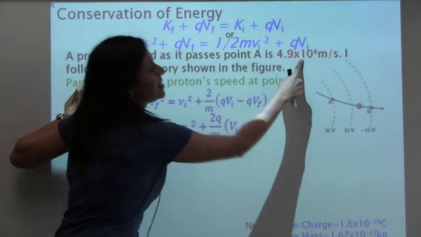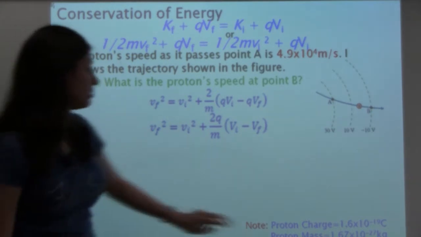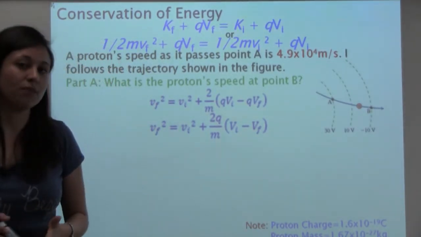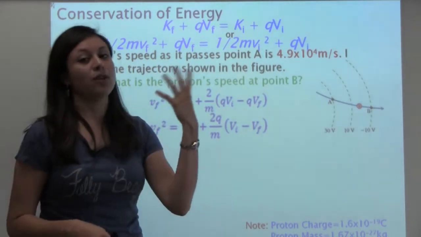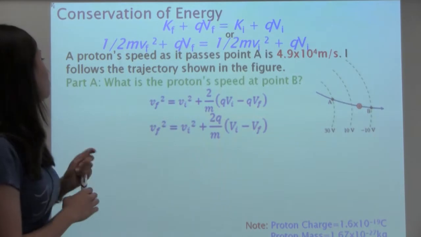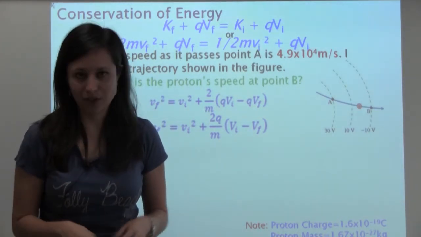We have our velocity and we have our proton's charge, which is going to be equal to 1.6 times 10 to the negative 19 coulombs, and given that we know the charge of a proton, we also know the mass of a proton, which is 1.67 times 10 to the negative 27th kilograms.